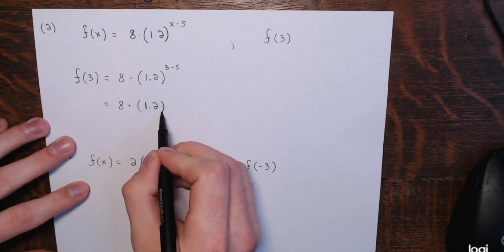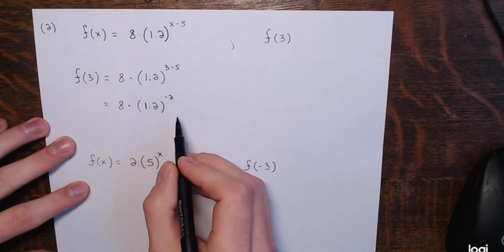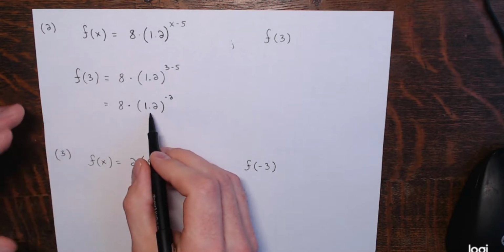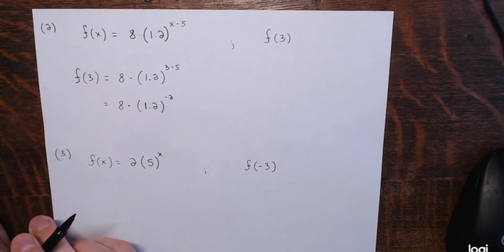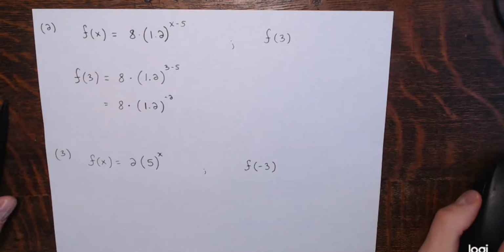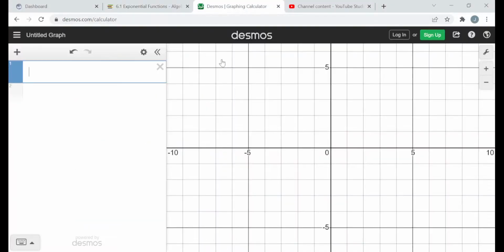So 8 times 1.2 to the negative 2 power, and since there's the decimal here, I'm just going to enter this in a calculator, and I'll go to that Desmos site, a free online graphing calculator, desmos.com. And then off to the side here, we can just enter the calculation. 8 times 1.2 raised to the negative 2 power, and we're seeing 5.5555.